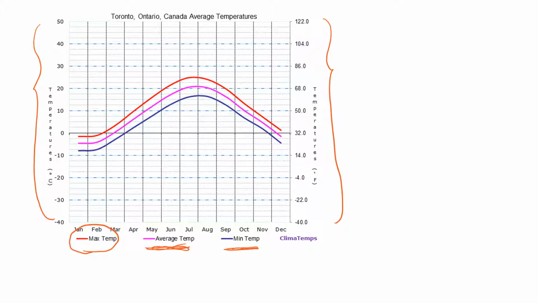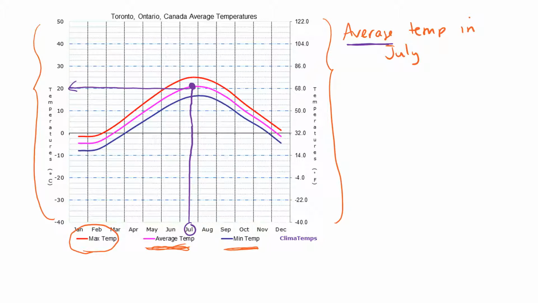So if I wanted to find out what is the average temperature in July, I go to July, I follow the line up until I hit the pink curve because I want the average temperature, and then I follow it across and it looks like it's 20 degrees Celsius.